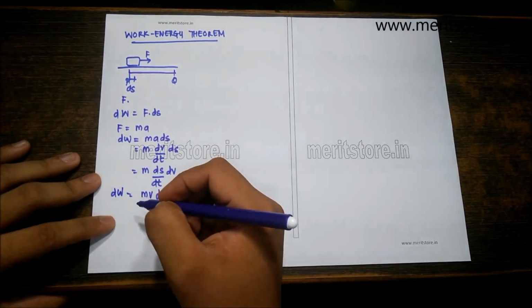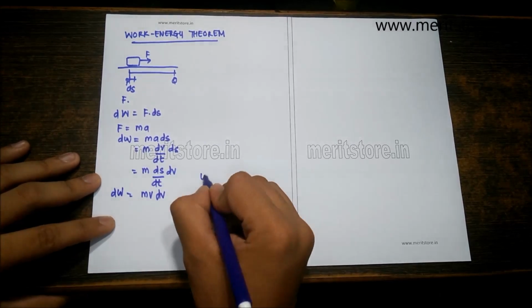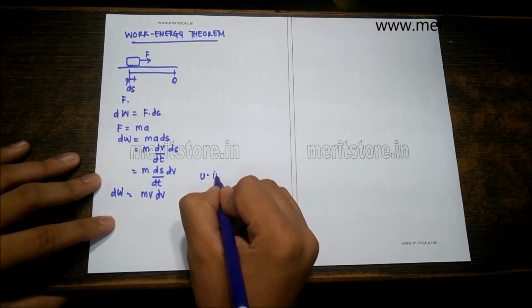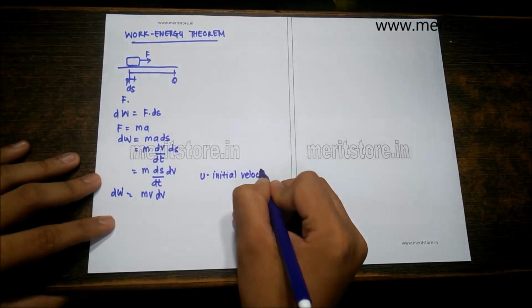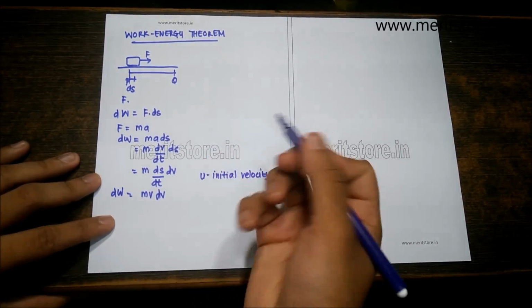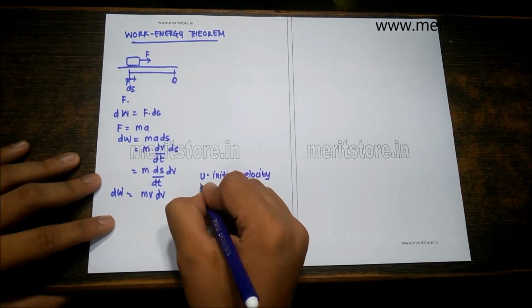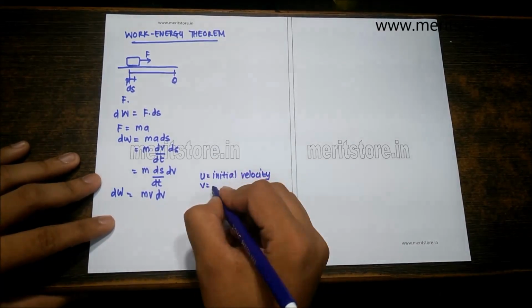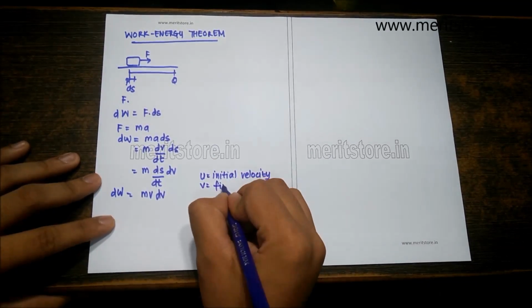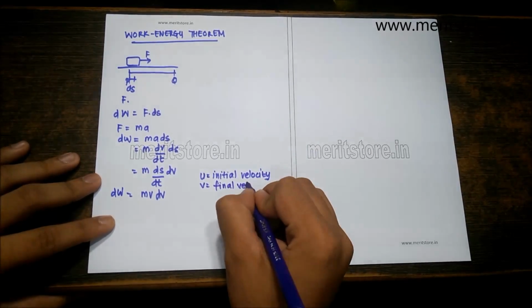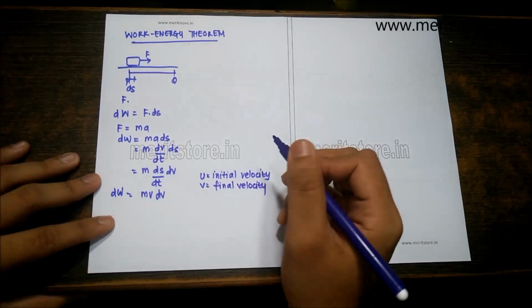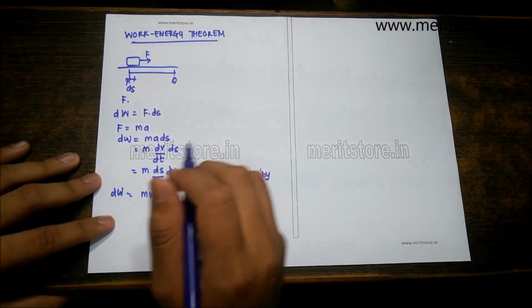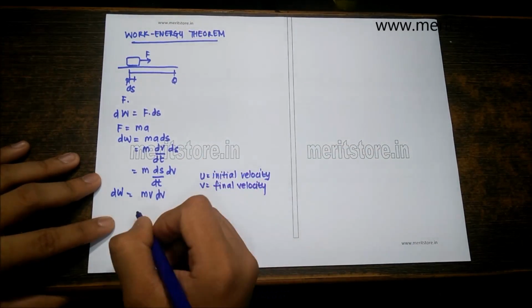Now the total work to increase the velocity from u, so u is my initial velocity, it may be at rest or I am increasing my force, so u would be a value, while v is my final velocity. So as I increase my velocity from u to v, let us see what is the relation between the work and the energy.